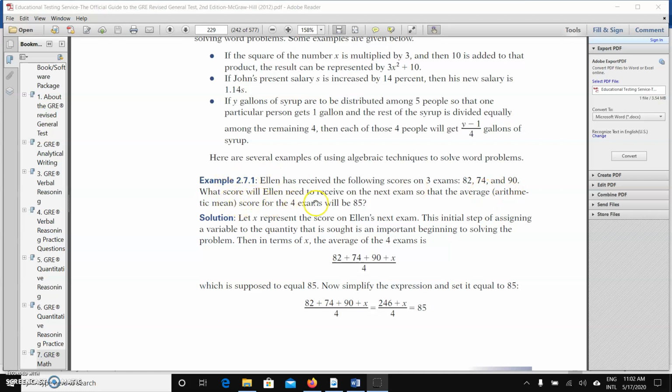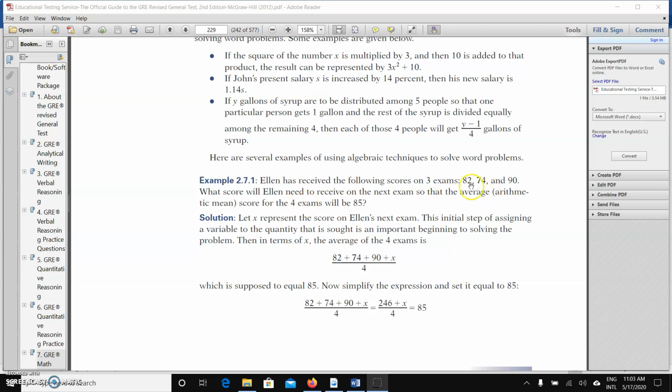What score will Ellen need to receive on the next exam so that the average arithmetic mean score for the 4 exams will be 85? That's very simple. Now, average. What's the meaning of average? Average means that you add the total divided by the number of exams.